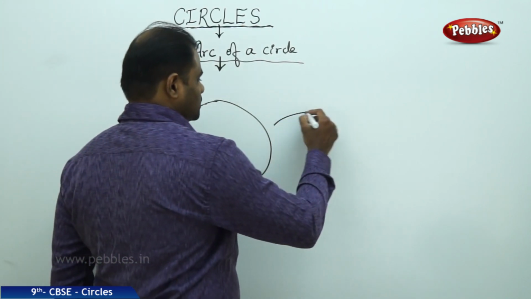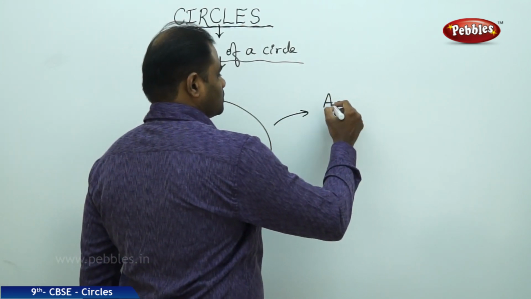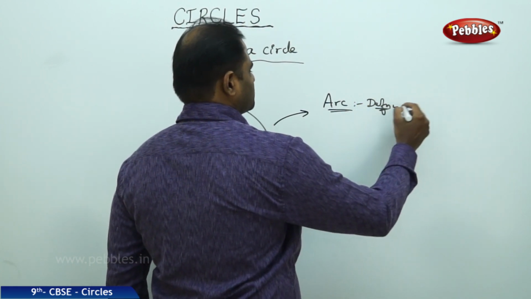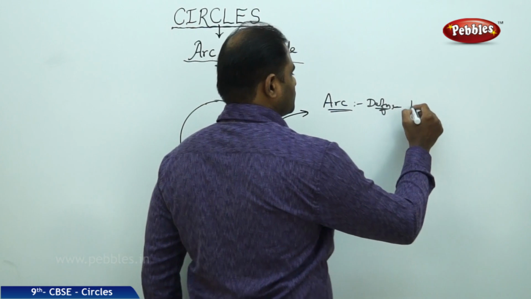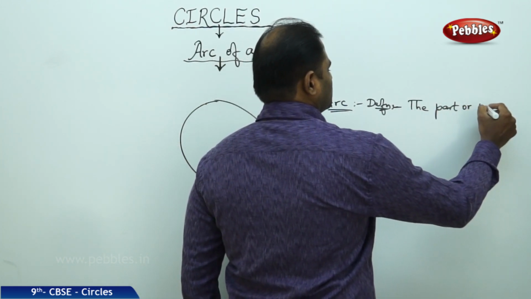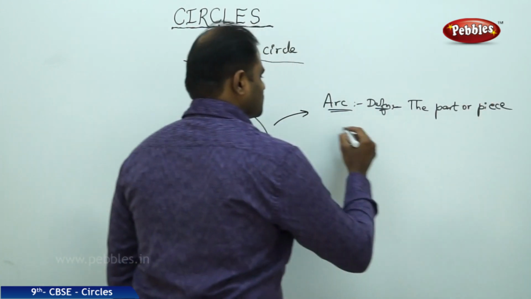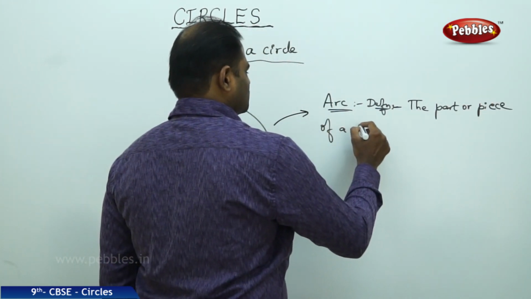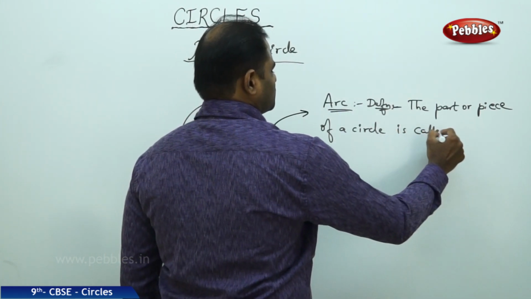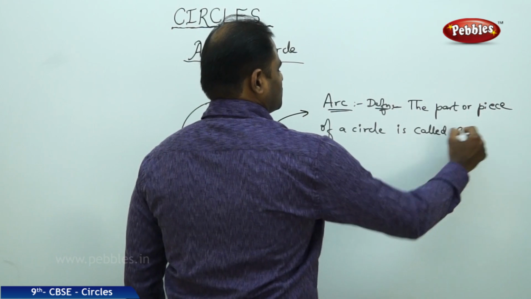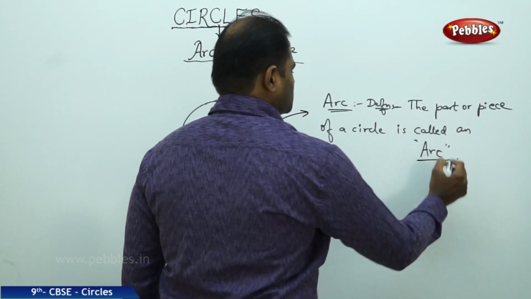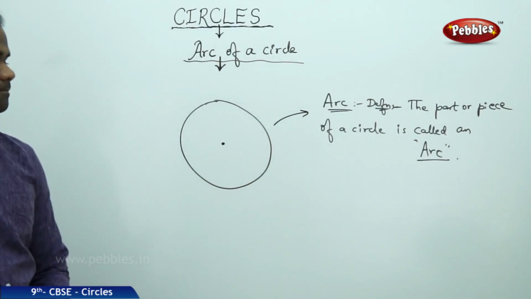So for this circle, an arc is defined as a part or piece of a circle. That's how we define an arc.